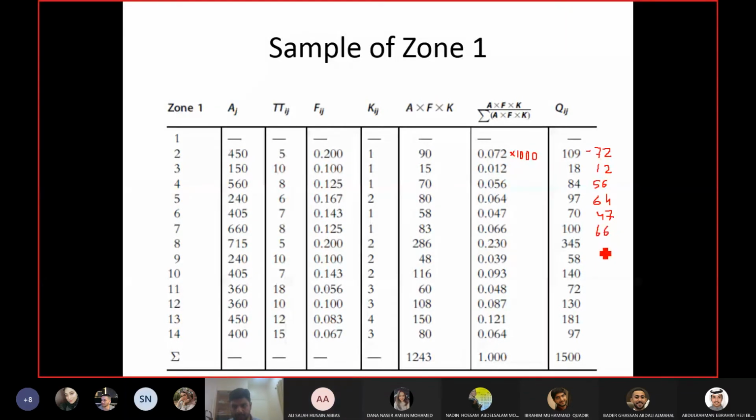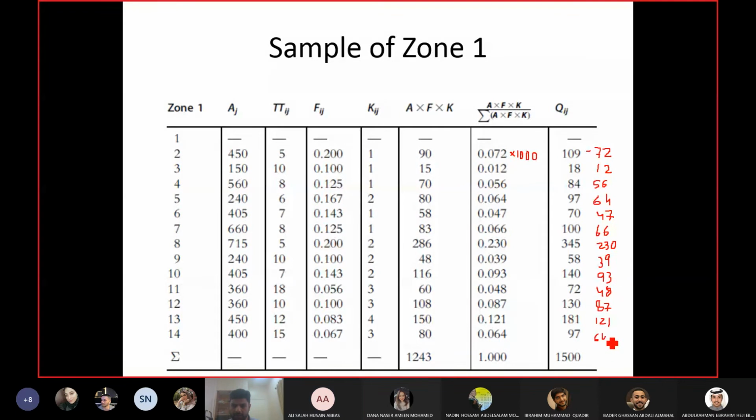Next, 230. Next, 39. Next, 93. Next, 48. 87. 121. And 64.